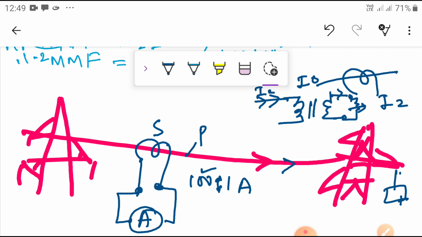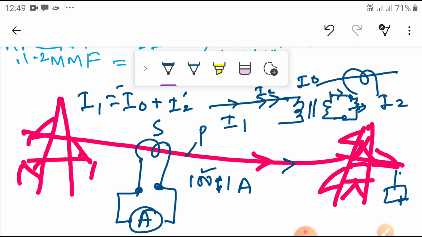So the primary current I1 is the vector sum of I0 plus I2 dash. We have seen this in transformers. That means the primary current depends upon the load current, whereas in our CT it does not depend upon the load on the CT secondary terminals.